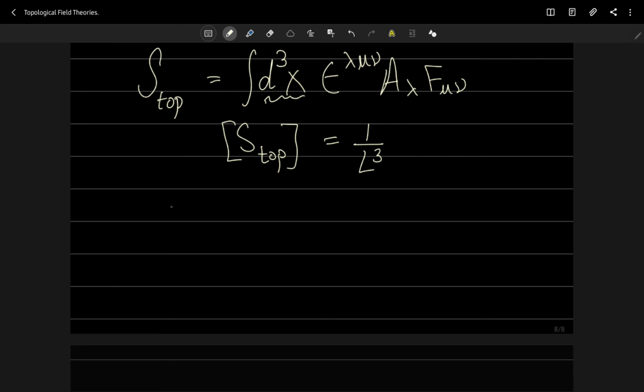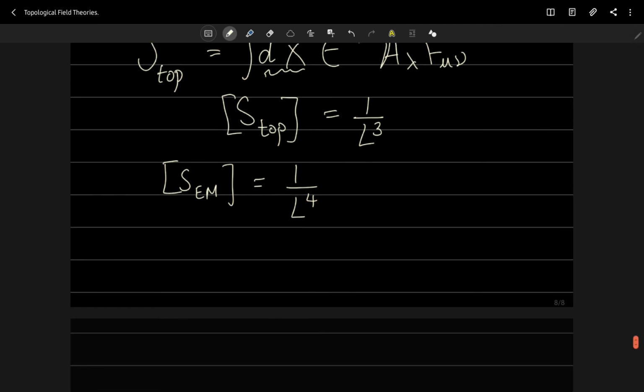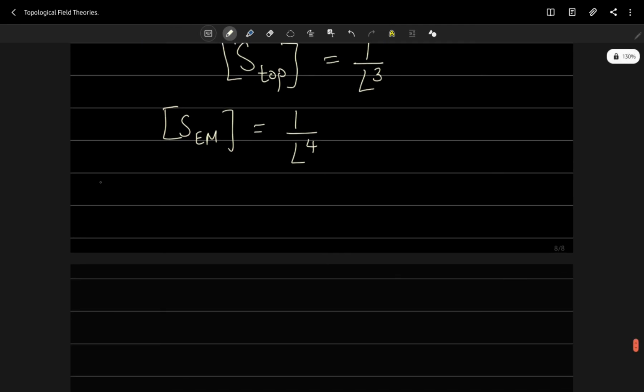And if you look at the electromagnetic action, the dimensions of the electromagnetic action are still 1 over L4. Now, in 2+1 dimensions, we find that this theory, whose overall action is the sum of the electromagnetic and topological action, at low energies, or you could say long distances, is dominated by the topological action term, right?